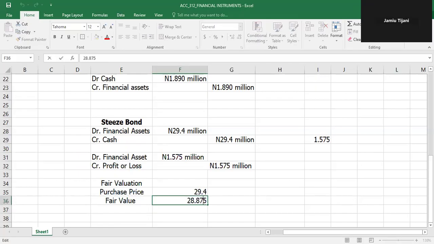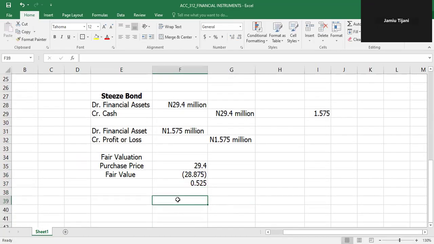Of course, if you subtract this figure, you will be having a loss, clearly a loss. So it means that the value of the bond from the amount that you purchased it has gone down by 0.525 million. So it has gone down.